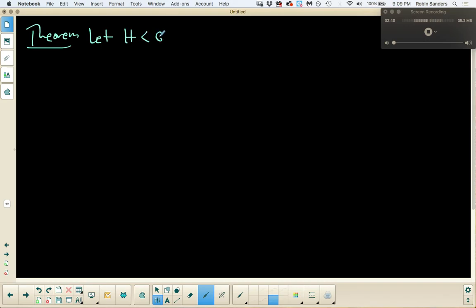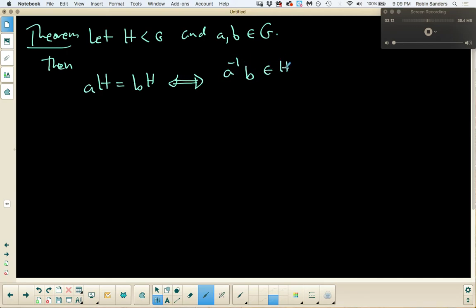Let H be a subgroup of G, and A and B be any elements of capital G. Then the two left cosets, AH and BH, are equal to each other if and only if the weird product A inverse B belongs to H, or if you would prefer, B inverse A belongs to H. Remember that A inverse B's inverse is just B inverse A. So these two things either both belong to H or they both don't belong to H.